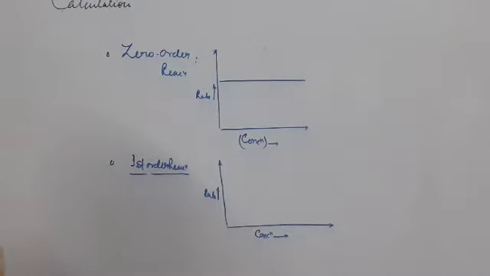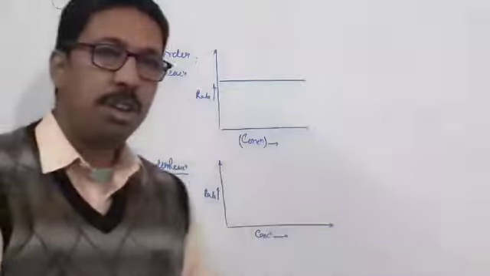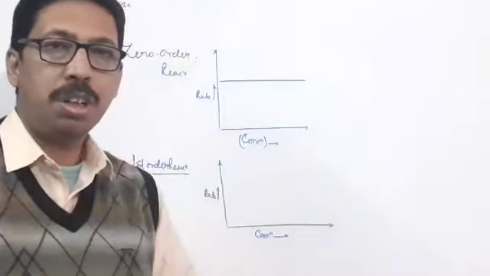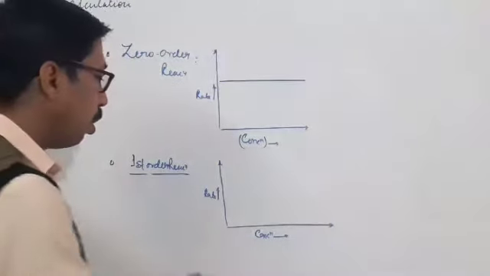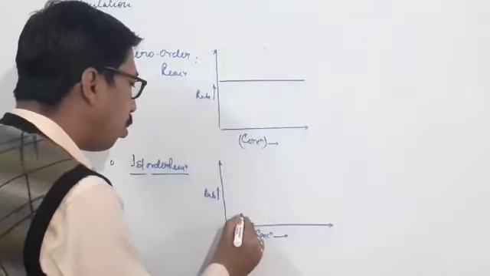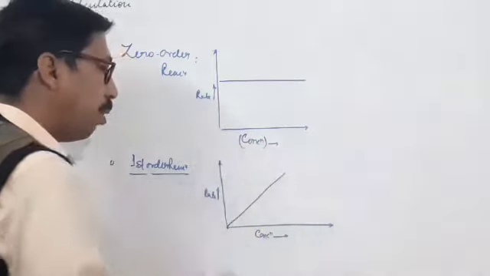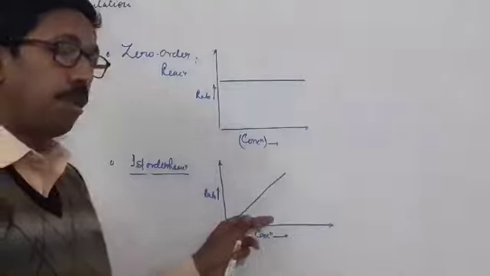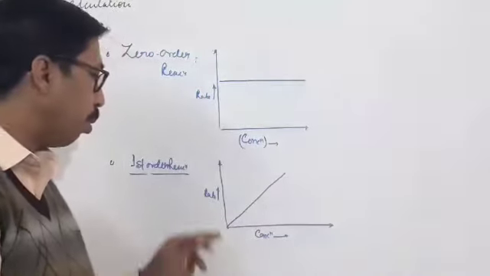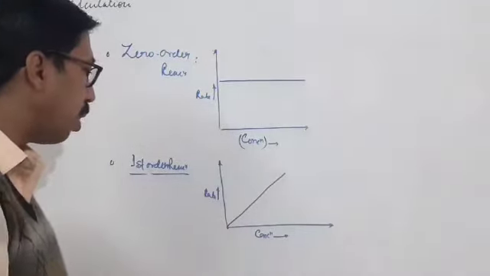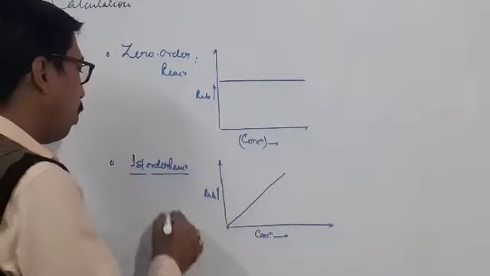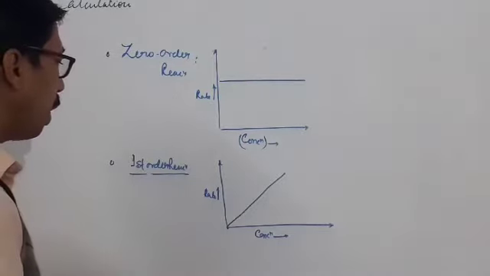As we know that the rate of a chemical reaction is directly proportional to the concentration of the reactant, so its graph will start from the origin. If you observe this type of graph with rate and concentration, then it will be the first order reaction.